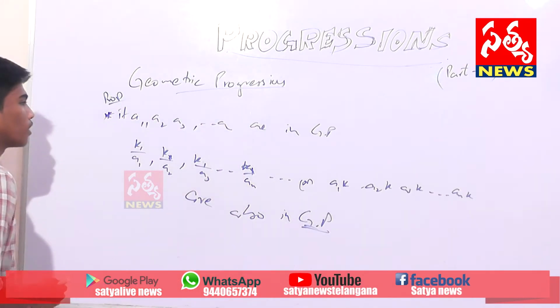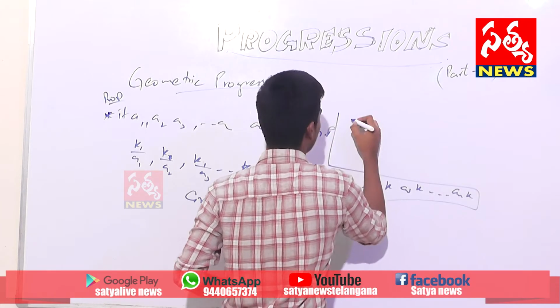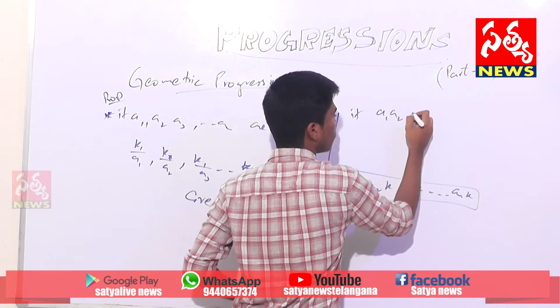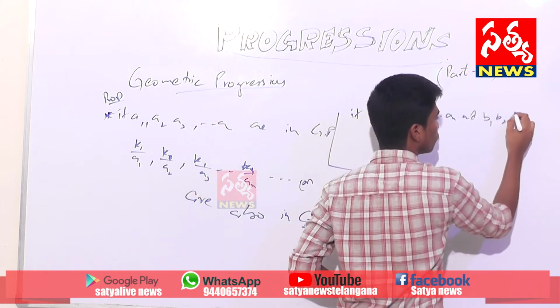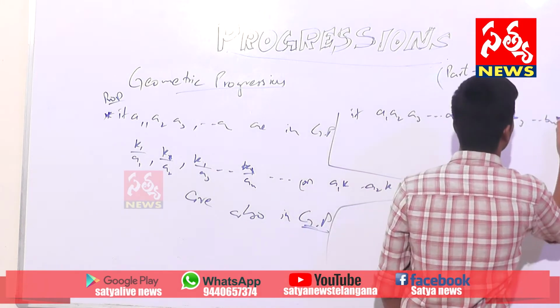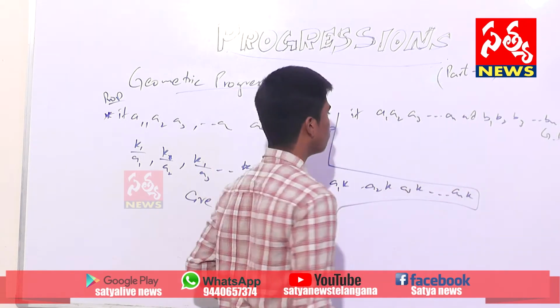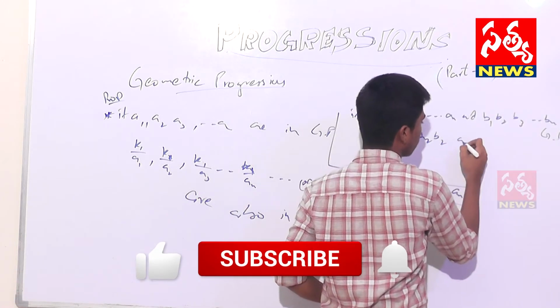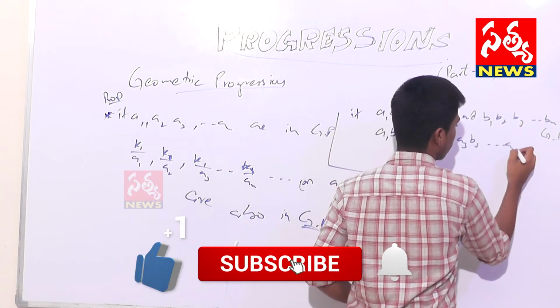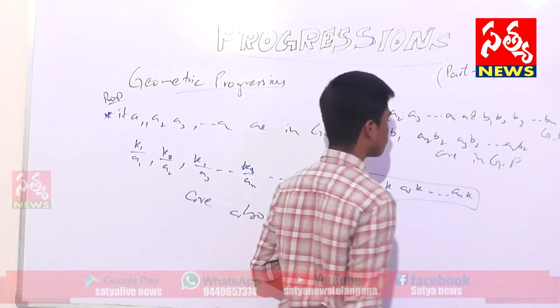The next one is: if A1, A2, A3, and so on, An and B1, B2, B3, and so on, Bn are in GP, then A1 B1, A2 B2, A3 B3, and so on, An Bn are also in GP.